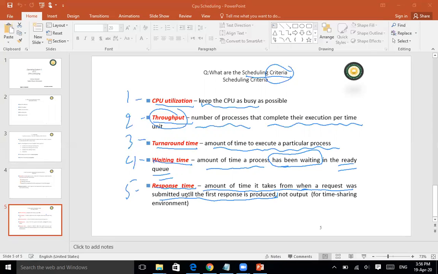Okay, so response time means when we send a request, how much time between sending the request and the first response coming back. This time, how many seconds, we call response time. So up to here, we are finishing the chapter on CPU scheduling.